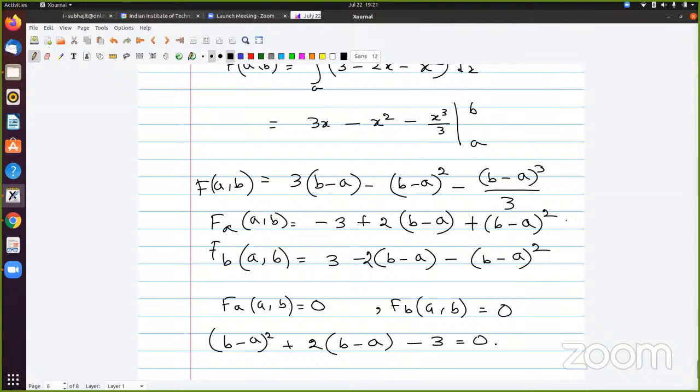So what are the solutions for this? Minus 3 and 1, for b minus a, is it?